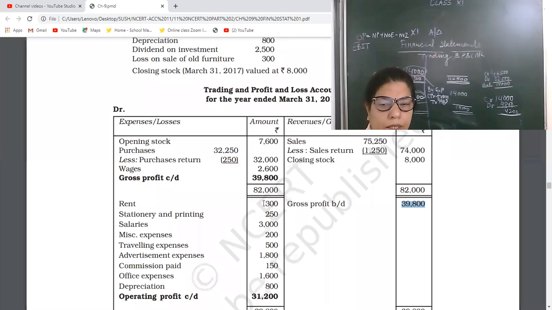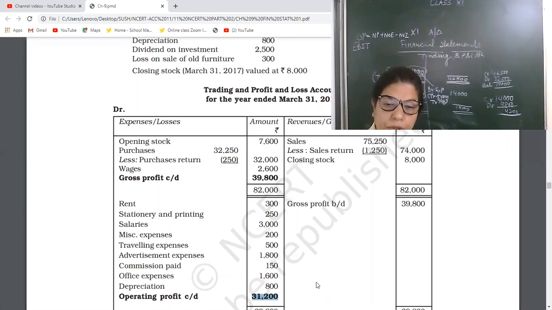Rent, stationery, salary, traveling expenses 500, advertisement expenses 1800, commission 150, office expenses 1600, depreciation 800. So the remaining amount is termed as operating profit.